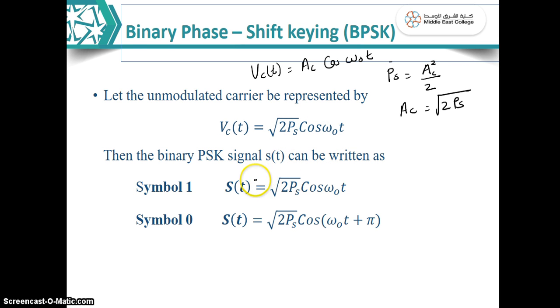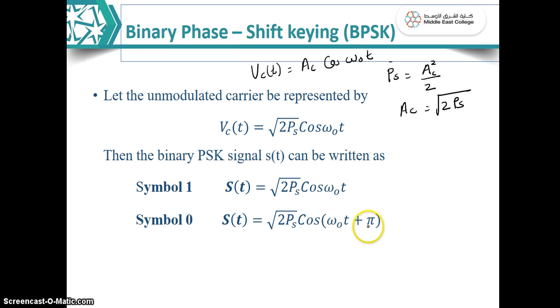Now in BPSK, as I told you, you have two symbols, binary 1 and binary 0. If you are transmitting symbol 1, you will transmit the carrier as it is, without any phase difference. If you are transmitting symbol 0, you will transmit root 2 Ps cos(omega 0 t plus pi), a 180 degree phase shift.